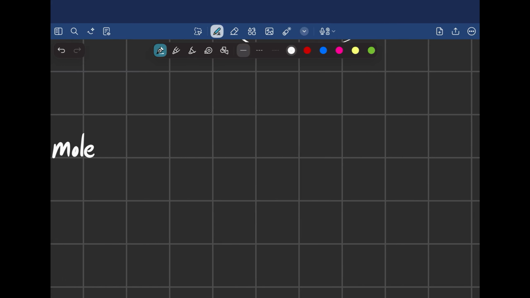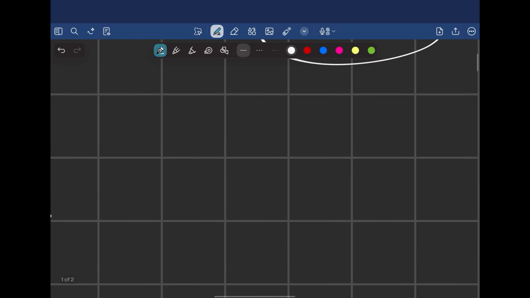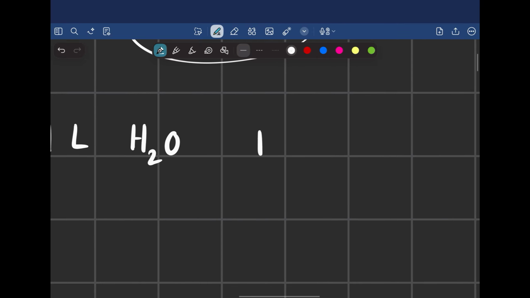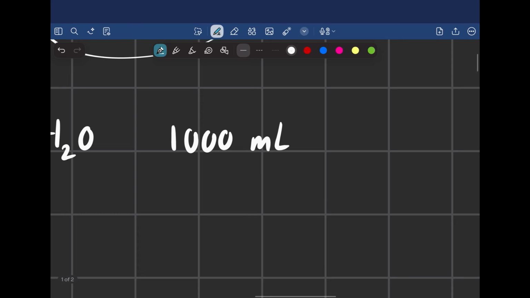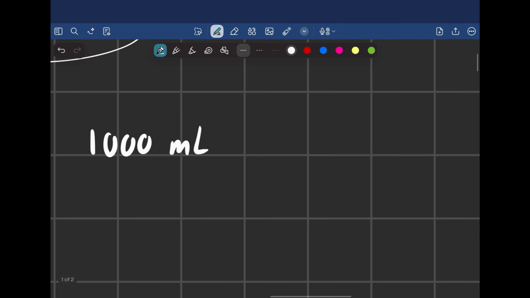So, where is it used? Well, let's make the math easy. Let's say we have 1 liter of water, right? Now, 1 liter of water is 1,000 milliliters, and because water is used as a baseline, this has a density of 1 gram per milliliter.